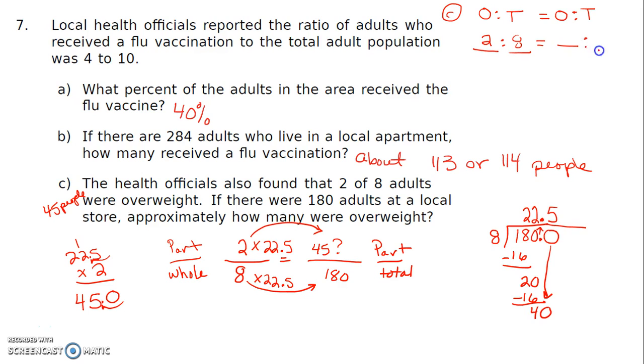How many out of your total of 180 are overweight? And then you figure out 8 times 22.5 gets us to the 180. So then again, we just do the 2 times 22.5. So in 6th grade, this is probably how you set it up. By 7th grade, you're going to be looking at equivalent ratios using fractions. I hope that helps.